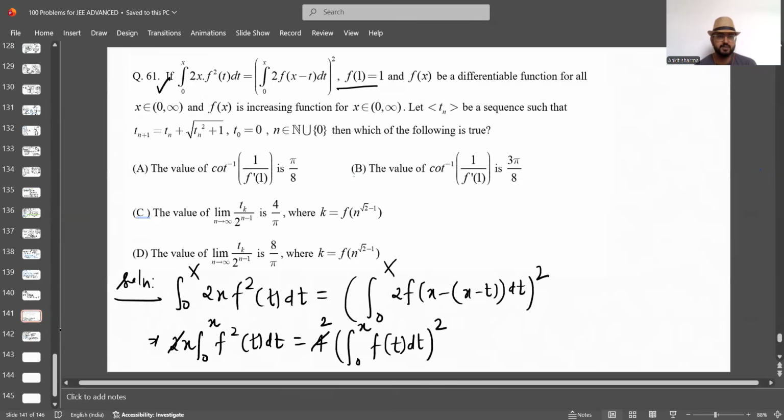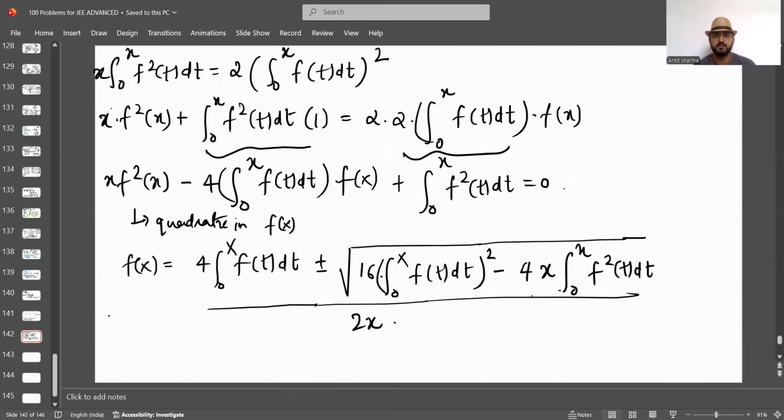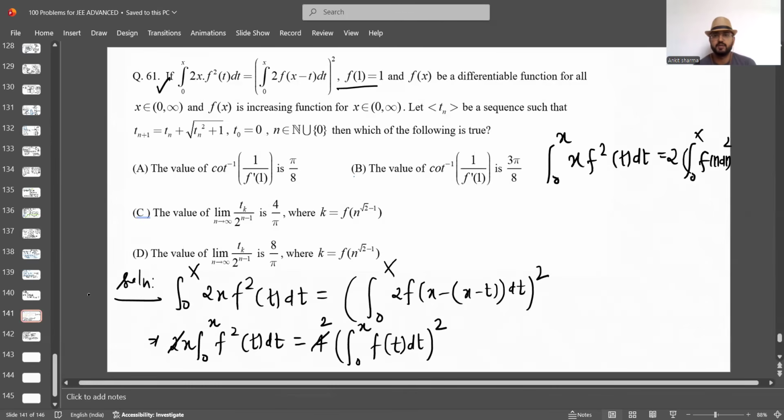So 4 times x into f squared, we can get it from here. So simply this expression I have, I can take this x inside, so there is no harm. So the integral from 0 to x of x into f squared t dt is equal to 2 times the integral from 0 to x of f of t dt, the whole square. That's what we have. So now if I want this quantity 4 times, I'll just multiply this equation by 4.